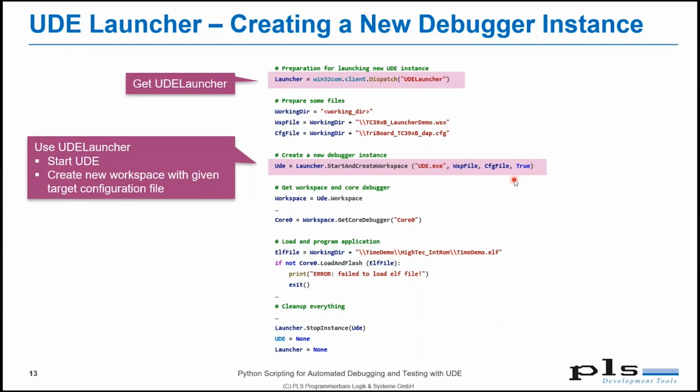The target configuration file describes which device you want to connect using which debug interface and probably which debug probe, which UAD you want to use. And the true at the end in the parameter list says that you want to create a new workspace in any case, whether the workspace file exists or not.